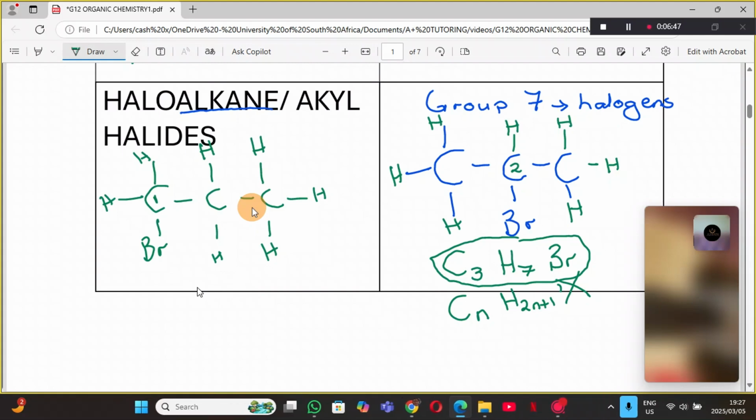But the only thing that changed was the position of the halogen. So now it became a positional isomer. So these two are actually isomers. They are not the same thing, but they are similar. You get it?